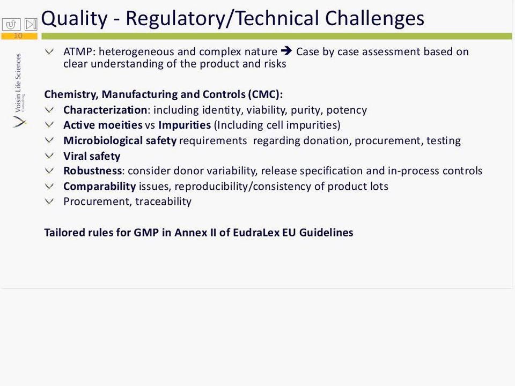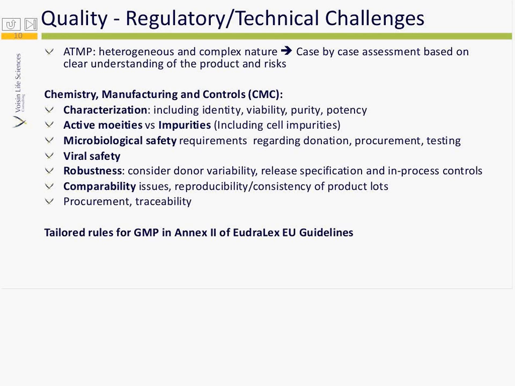Biological safety speaks for itself, as does viral safety. These tissues are coming from humans, and they are potentially being mixed with fetal calf serum and other animal-derived substances. So viral safety is key.